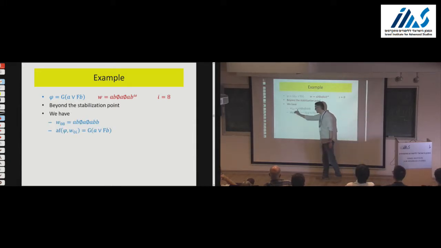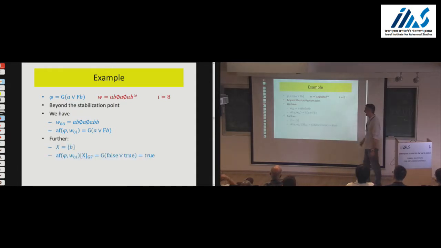If you compute the formula that has to hold at that point, it is still this one. Now God comes and tells us that B is going to hold infinitely often, and the others do not hold infinitely often. The formula that you still have to satisfy is actually true. So God's advice at this moment is enough, and you don't have to do anything else. Good.